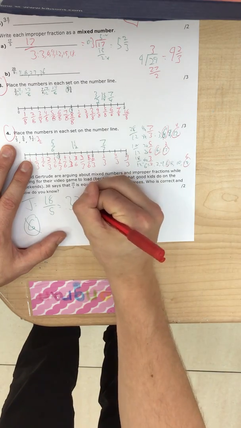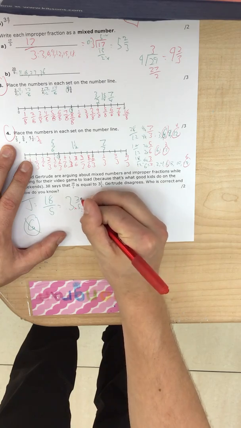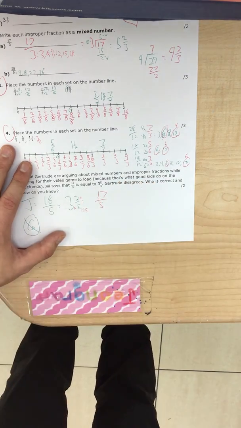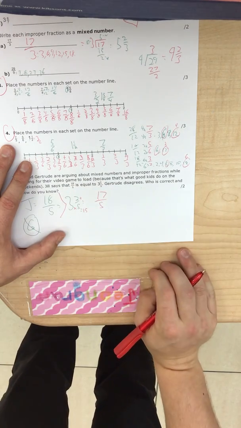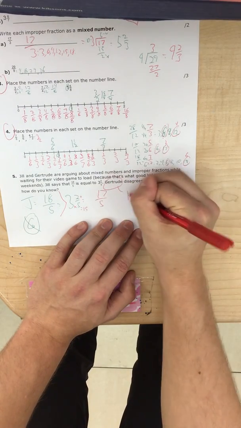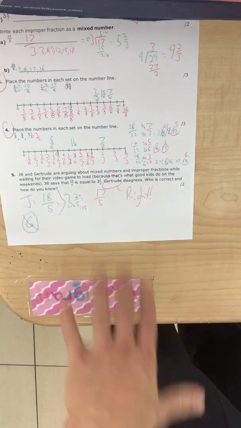That's the easiest way. You're going to multiply 3 times 5, which is 15, plus 2, that's 17 over 5. 17 over 5 is less than 18 over 5, so it's definitely not equal, which means that Gertrude is right. Super easy peasy.